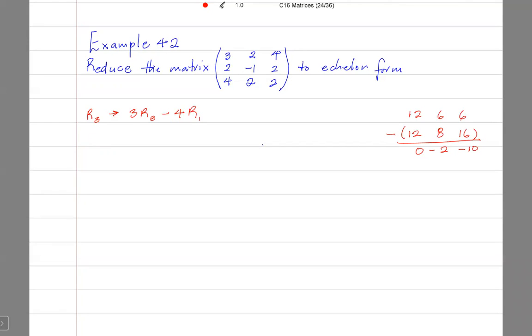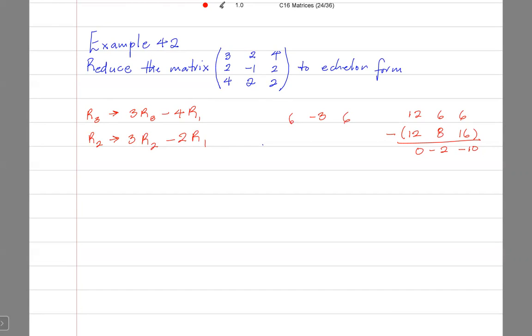Row 2 now. I'm going to multiply row 2 by 3, so it's 3 row 2, and I'm going to subtract 2 times row 1. 3 row 2 is 3 2s 6, 3 1s 3, 3 2s 6.